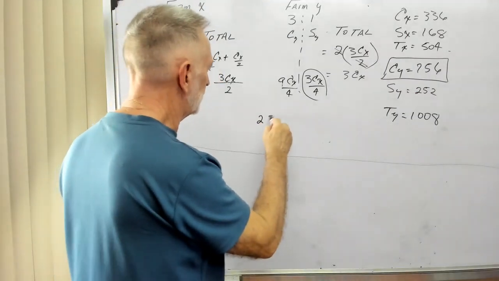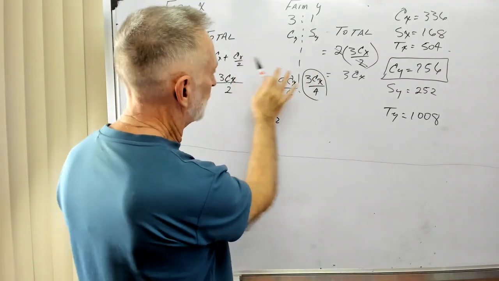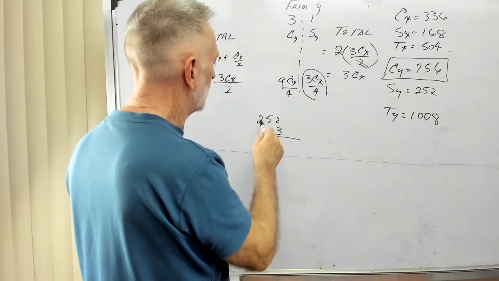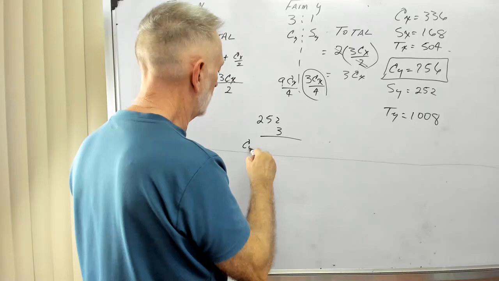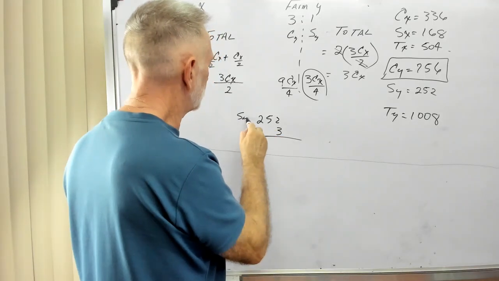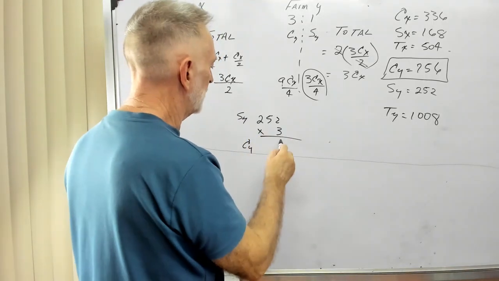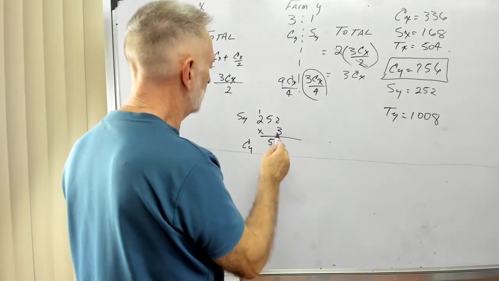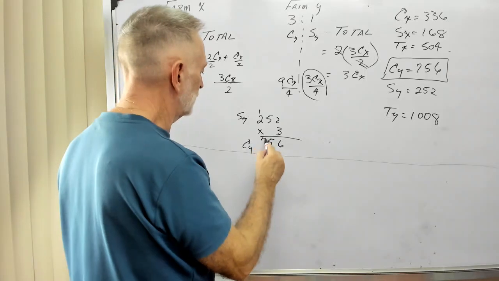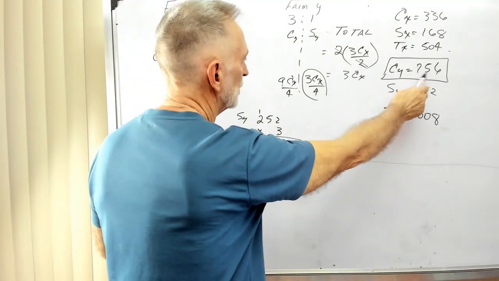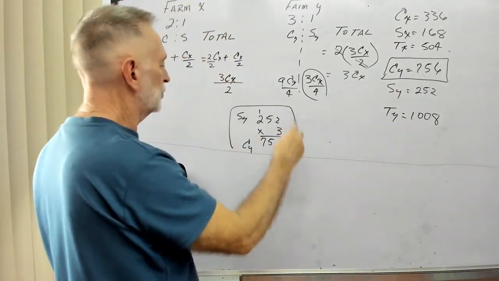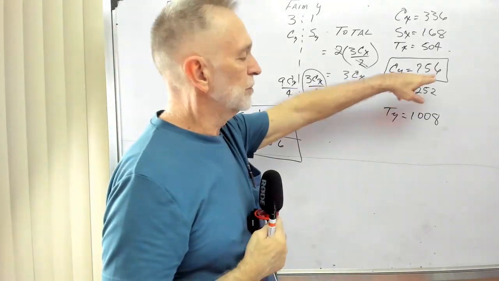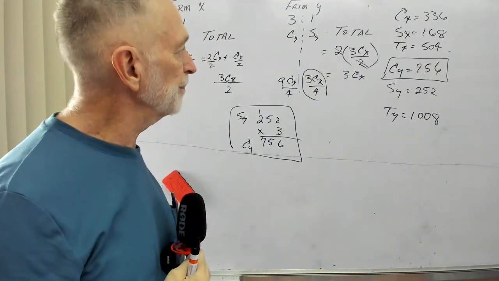So to stay away from the formula and just use this, 3 times the number of sheep is the number of cows on Y. This was the sheep on Y. So 3 times 2 is 6. 3 times 5 is 15. Carry the 1. 3 times 2 is 6 plus 1 is 7. 756, which is exactly what we should have had. So the cows on Y is in fact 756, and we've confirmed that.